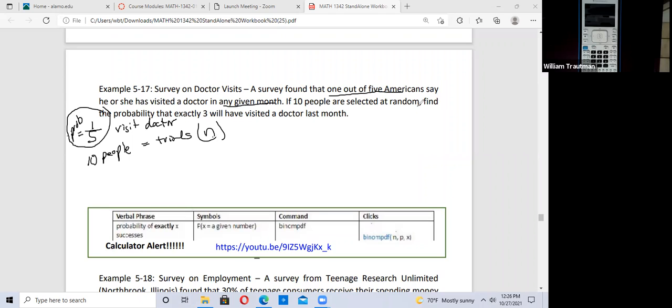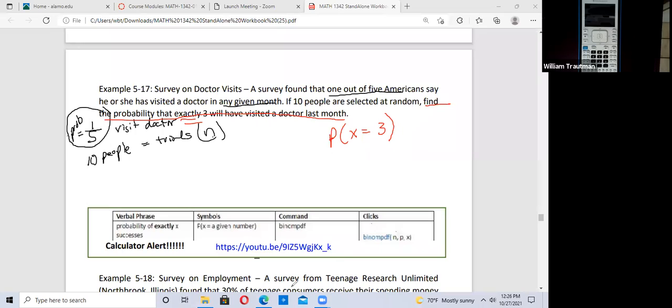So here is the question, and I'm going to do the question in red. Find the probability that exactly 3 will visit the doctor. So we want to know the probability that exactly 3. Exactly means equals.